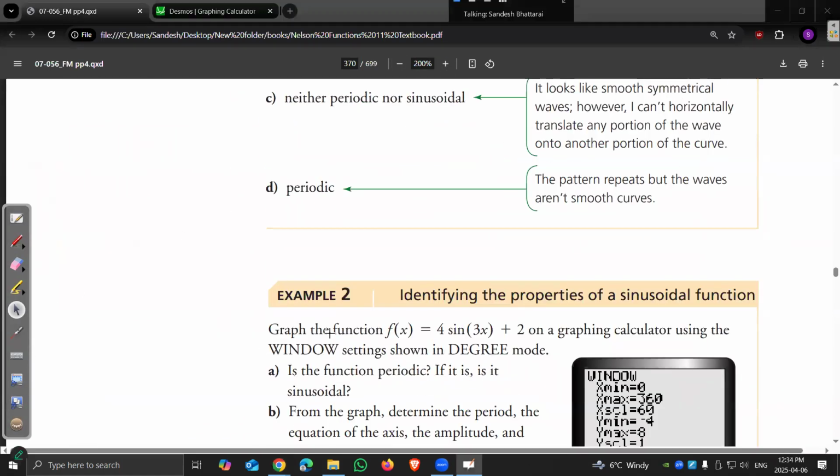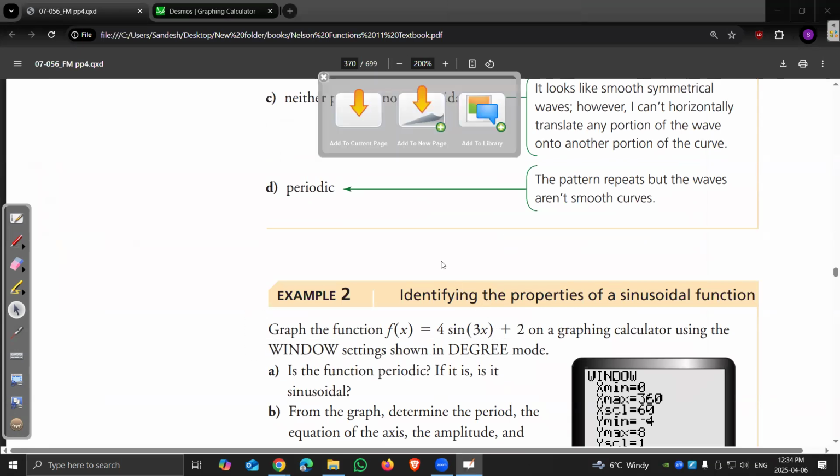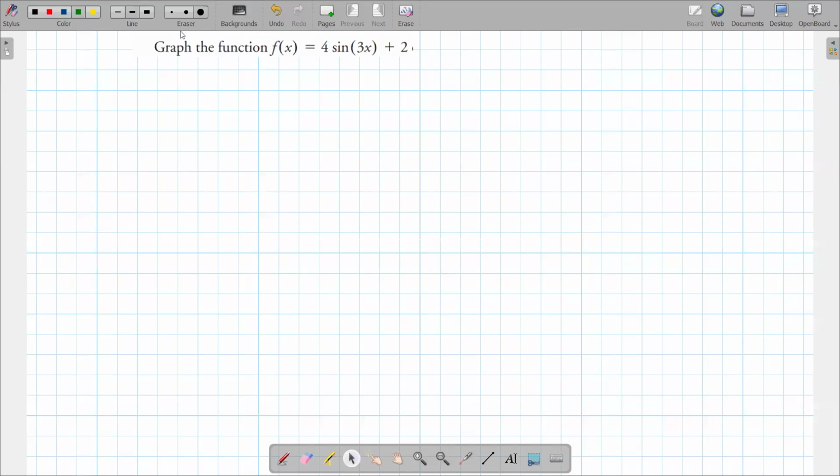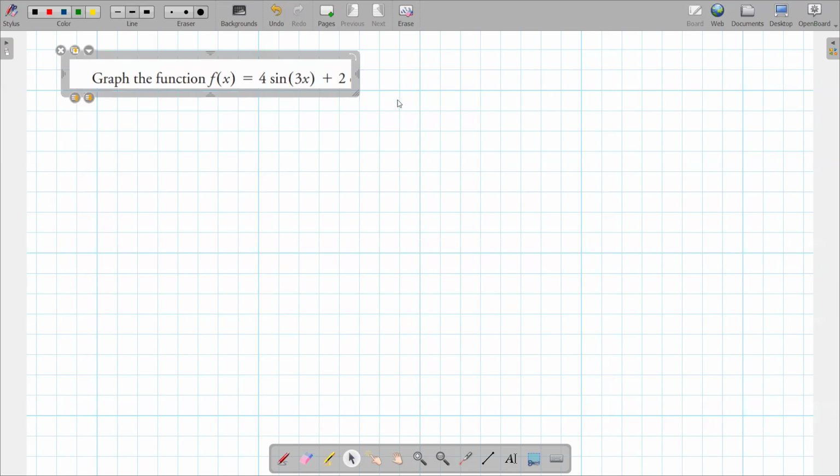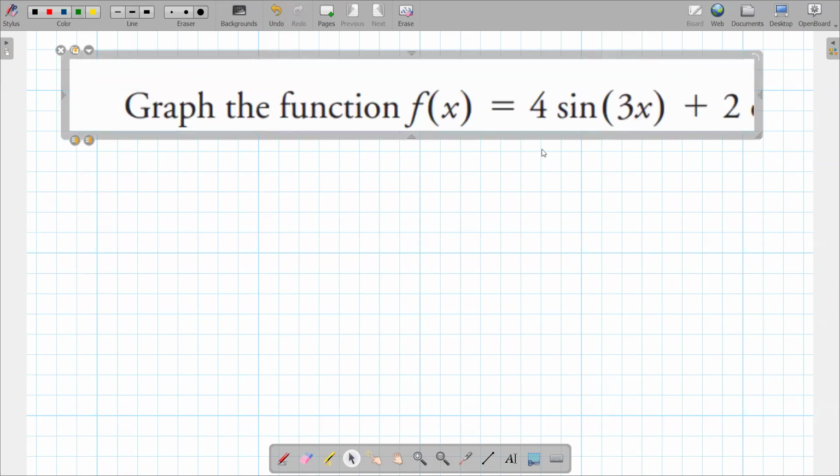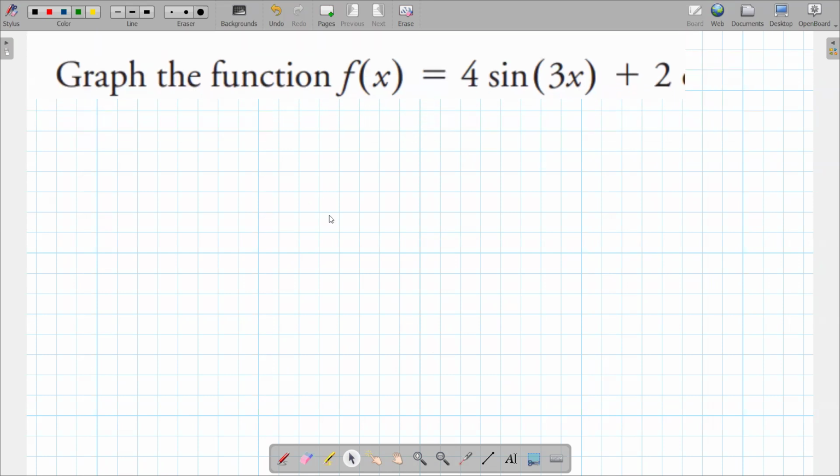Now let's go the other way around. Let's see if we can graph this function. And again, it's easier than you think. So this is a general form: A sine kx minus d plus c.